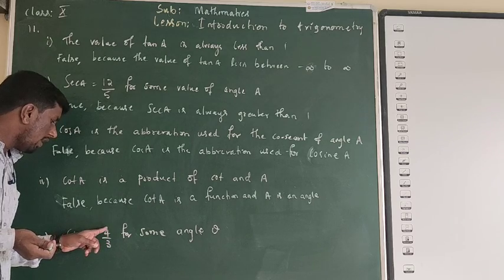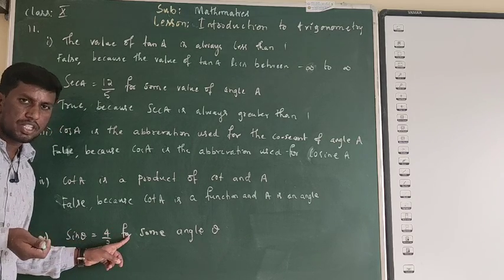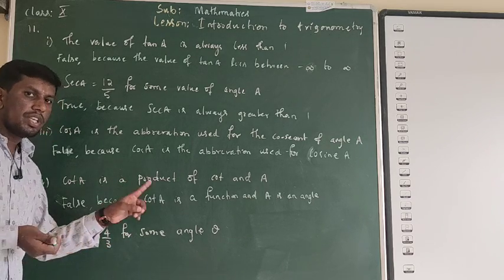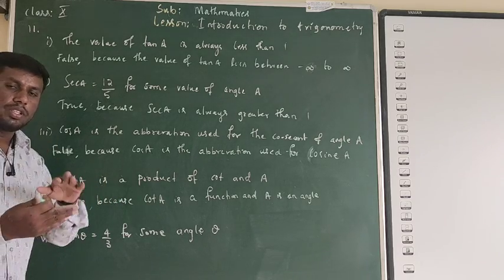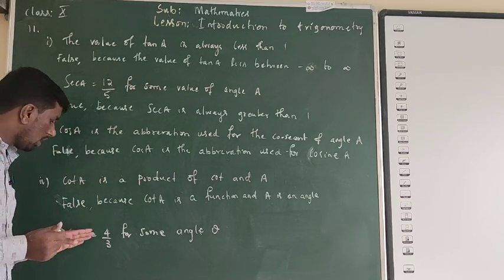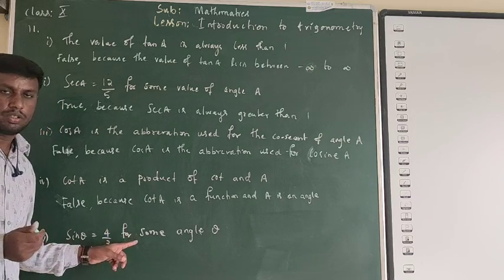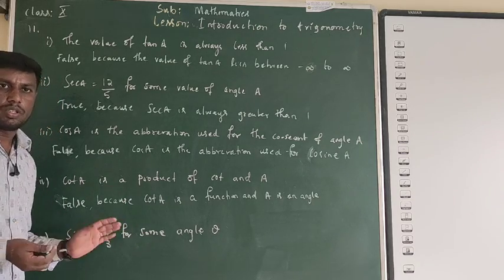And if you divide 4 by 3, you will be getting 1 point something, right? So you know that sin theta value will not rise more than 1. It is always less than 1. So you can observe here we are getting more than 1, right? So this is not possible. This is false.